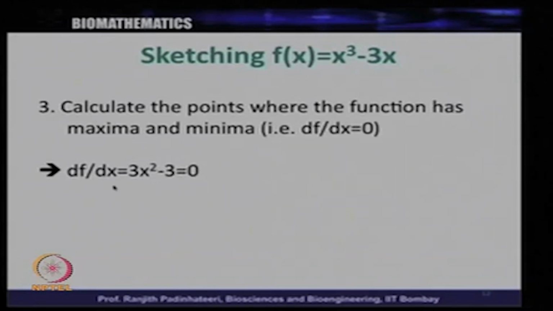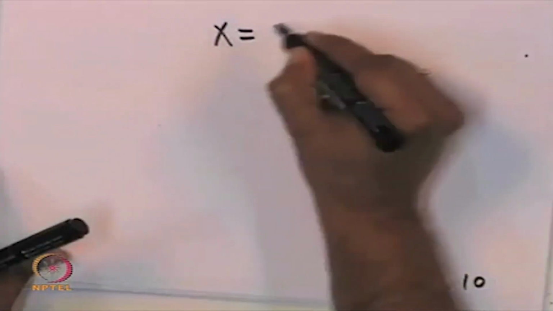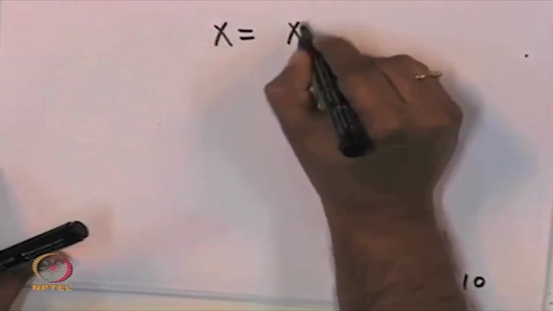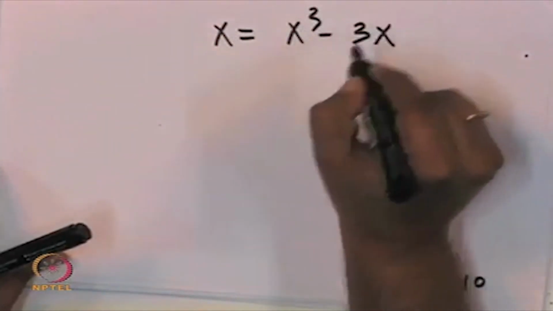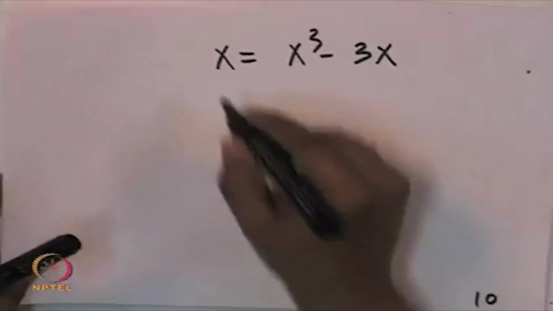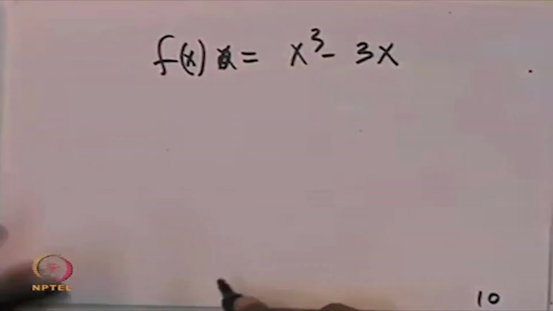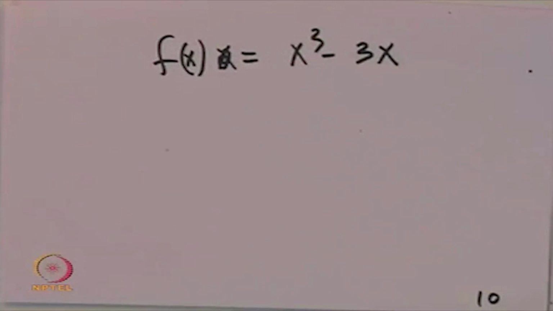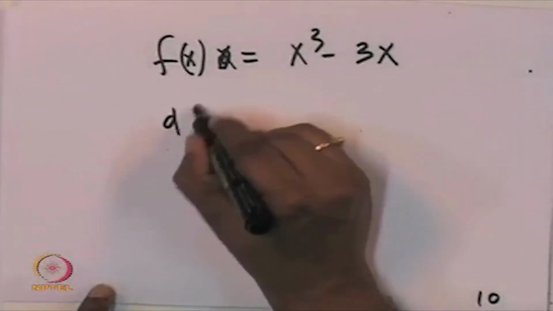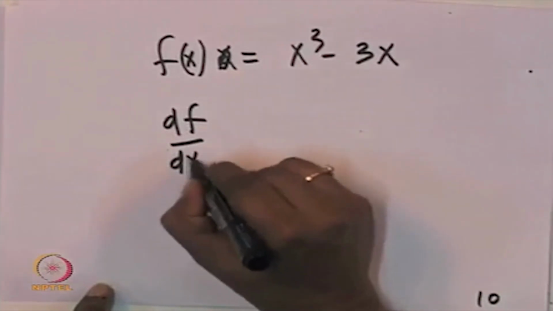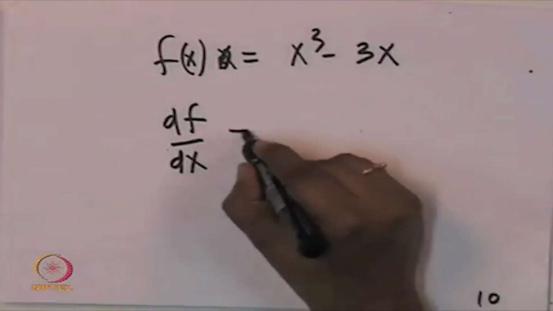So, now what is df by dx? Let us go back and learn once more what is df by dx. As we learned, f of x is equal to x cube minus 3x. The derivative, which is df by dx, is equal to what?